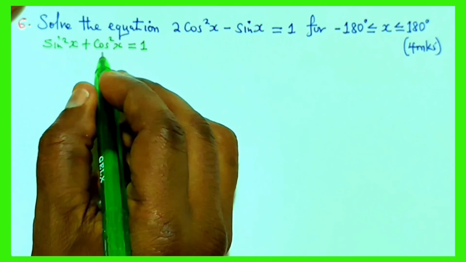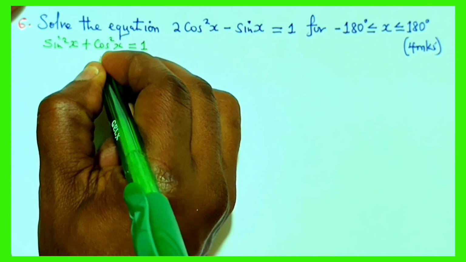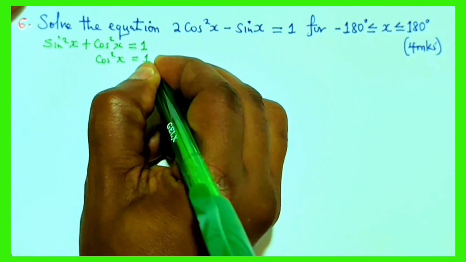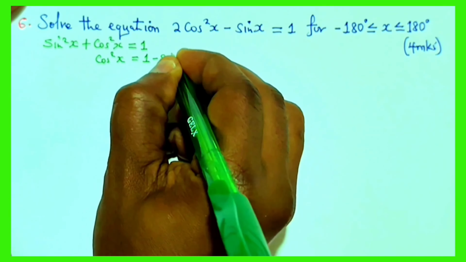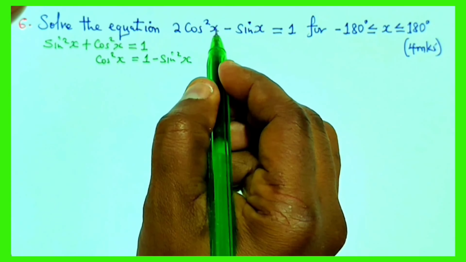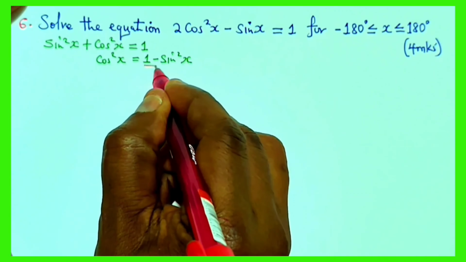And I'm interested in us making cos squared x the subject, so we're going to have cos squared x to be equal to 1 minus sine squared x. And therefore, where there is cos squared x, let us substitute with the solution that we have here.